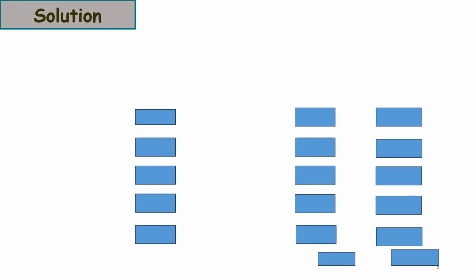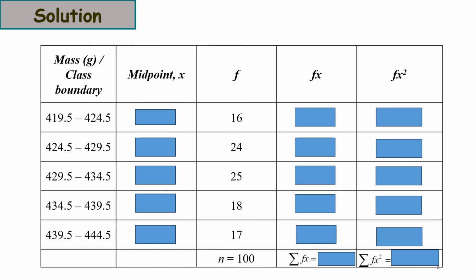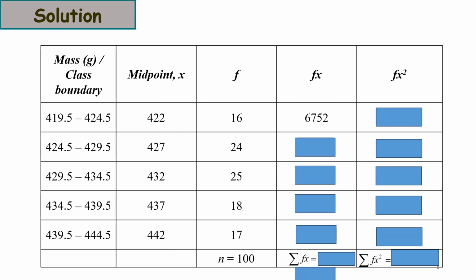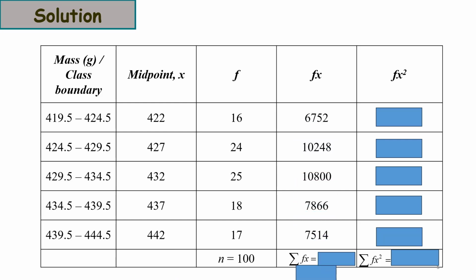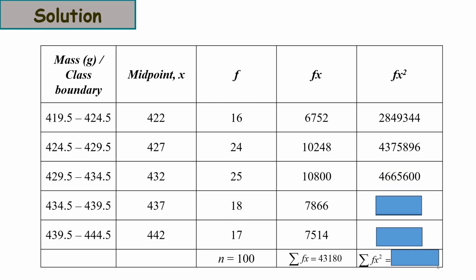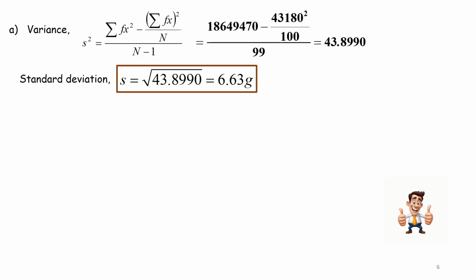First, check the table obtained. Did you manage to find all the values correctly? The standard deviation of Example 14 is 6.63.